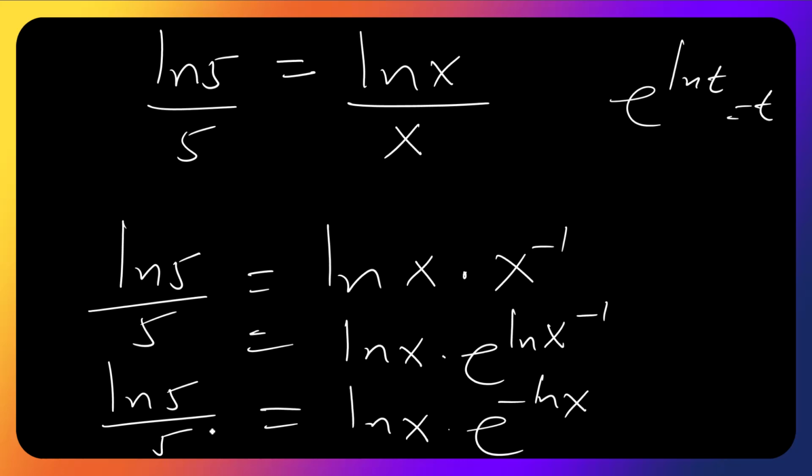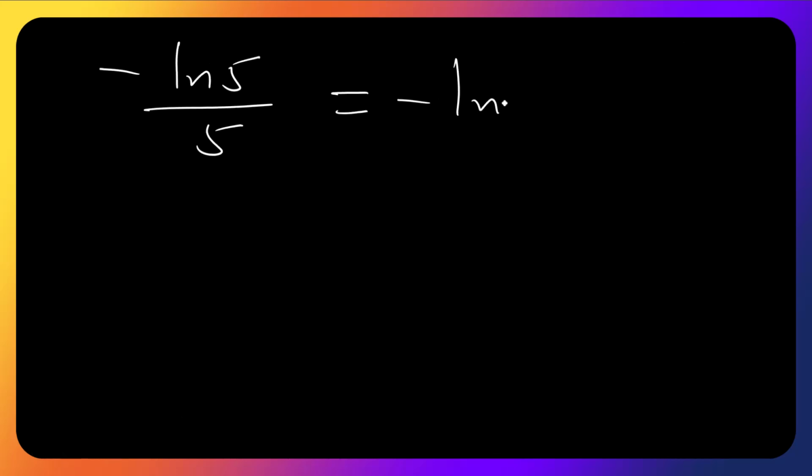So let's balance it by multiplying both sides by negative 1. That will be minus ln of 5 over 5 equals minus ln of x times e raised to minus ln of x.